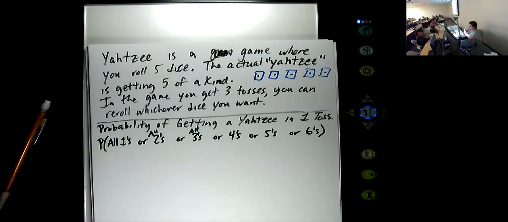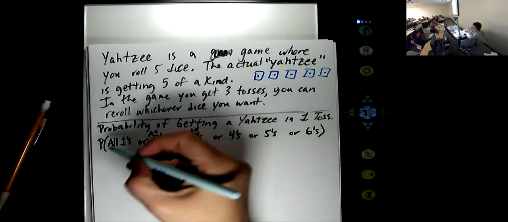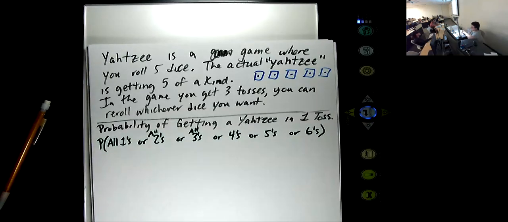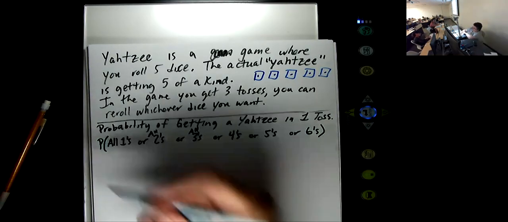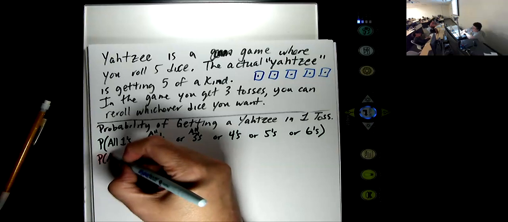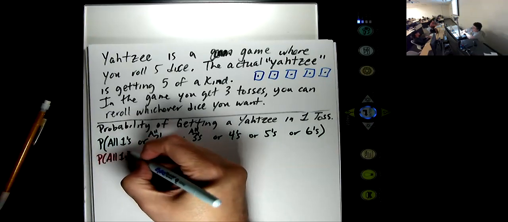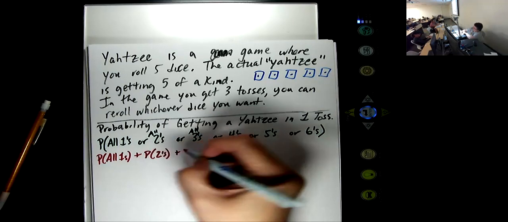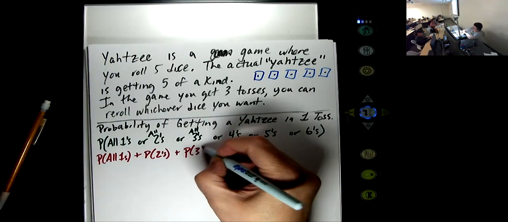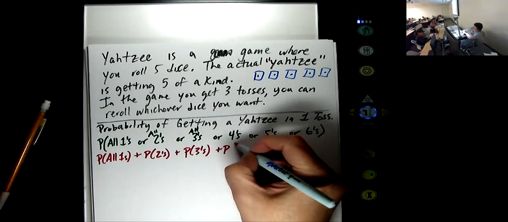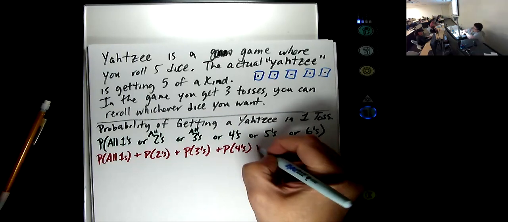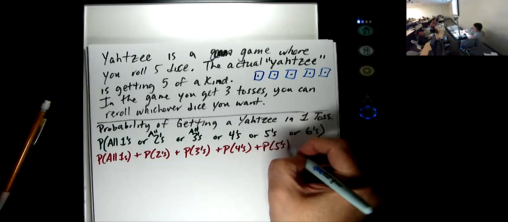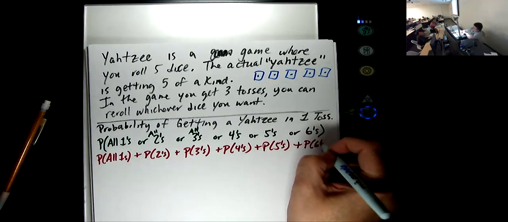What did we just say about or? What did or mean in terms of signs here? Plus. It's plus. So I can rewrite this as the probability of all 1s, plus the probability of all 2s, plus the probability of all 3s, plus the probability of all 4s, plus the probability of all 5s, plus the probability of all 6s.